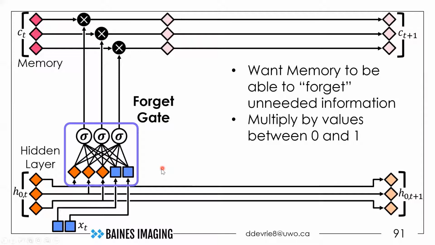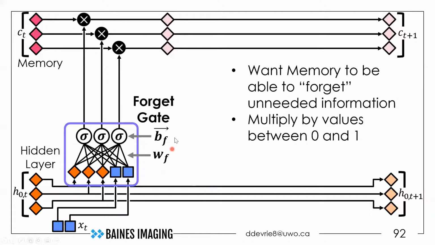The reason for that is this little neural network is giving us values between 0 and 1 that are a gate controlling whether values within our memory are going to be forgotten or remembered. And how this forget gate performs can be determined by the parameters of the neural network.